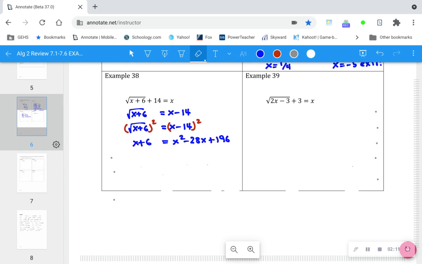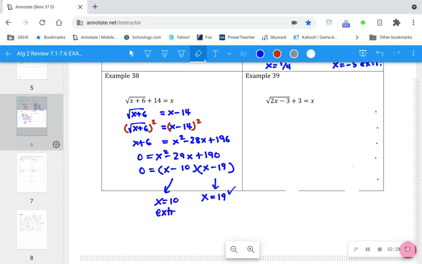You have to multiply the x minus 14 times the x minus 14, and you'll get a middle term of negative 28x. Bring all the terms over to make it equal to 0. Factor the right side, and set the factors equal to 0. When you check, you find that one of the answers is extraneous, that 10 does not actually work in the problem.